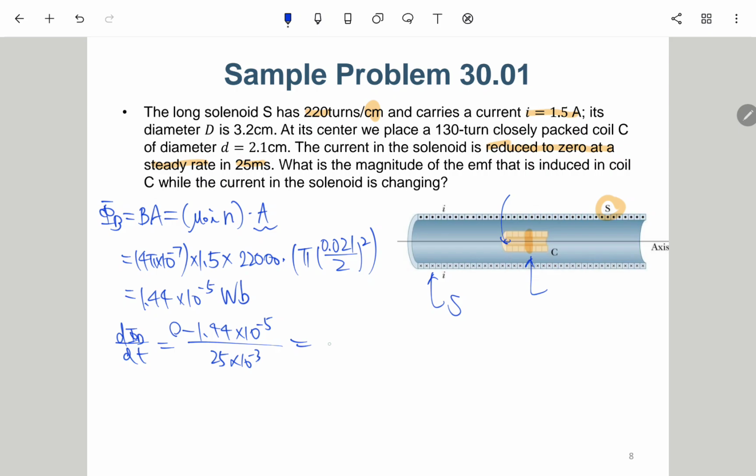So this is negative 5.76 times 10 to negative 4 Weber per second. So d phi B over dt, you can regard it as a division. Phi B is Weber, t will be seconds, so Weber per second.